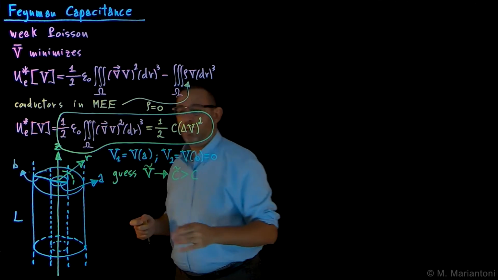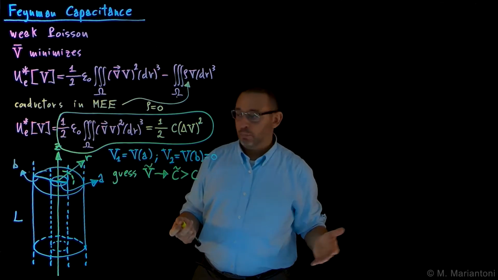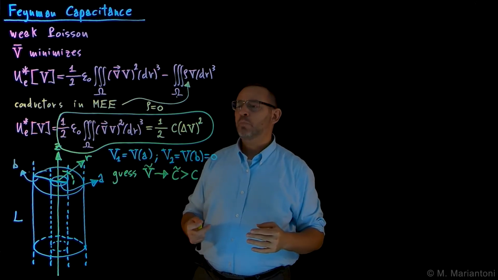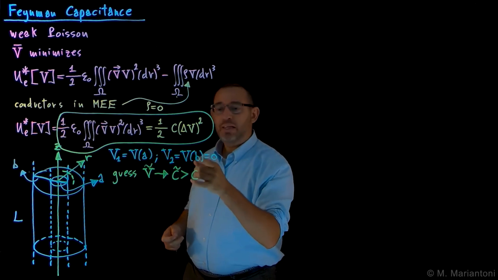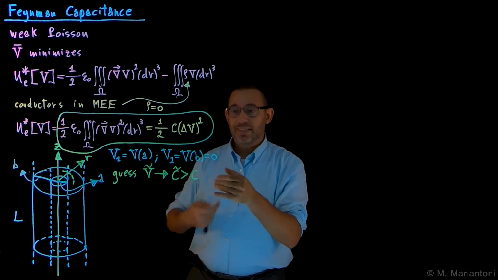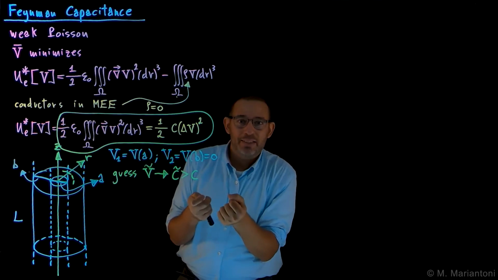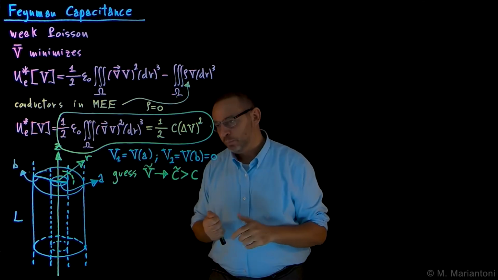Only the one which minimizes the problem is the solution, which we could find by means of Gauss's theorem and symmetry arguments, or by direct integration. That one will give the exact C, which, since this is a least action principle, means that any other V tilde will give a capacitance which is a little bit larger. The least action principle is consistent with that.